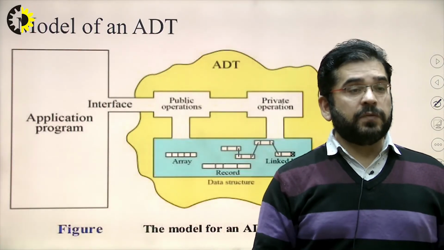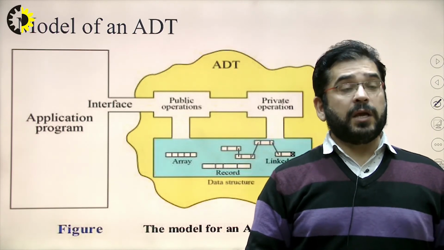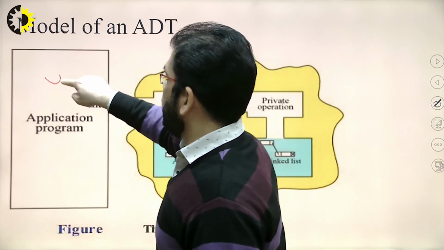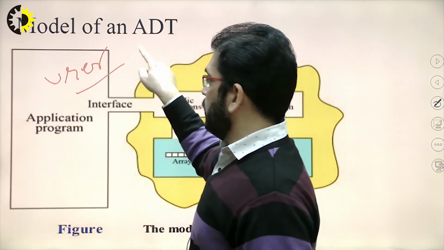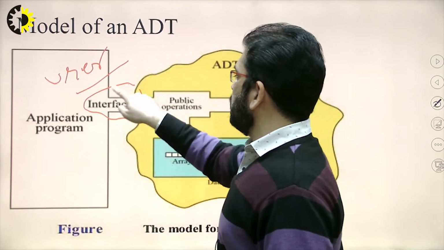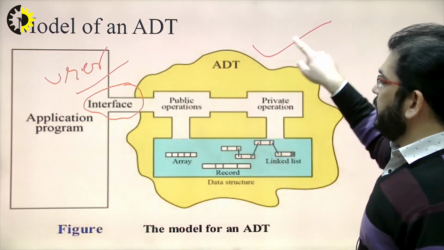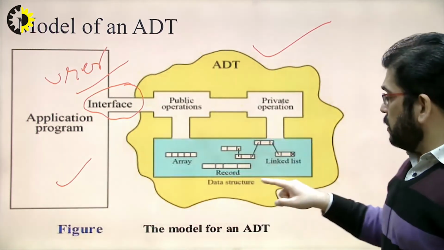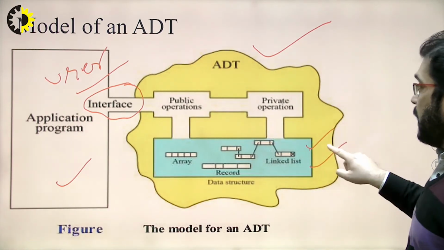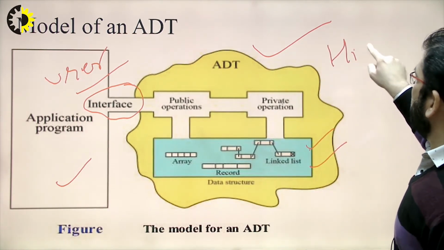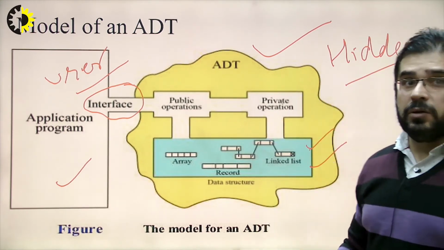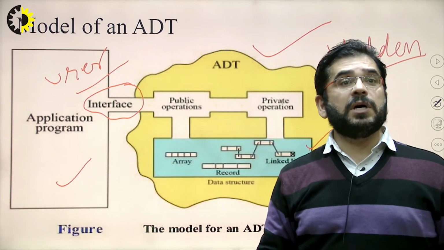Now this picture will tell you about the working of an abstract data type. This is the application program where the user is working. This is the interface part which connects this ADT with the application program. You need to understand that all the data structures come under this part. This part is hidden from the end user. This yellow part is hidden from the end user.